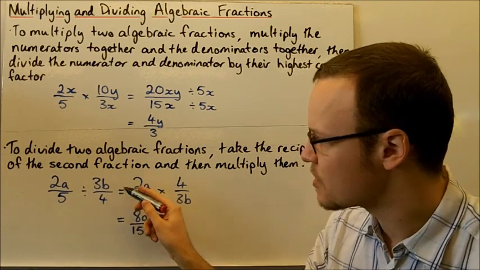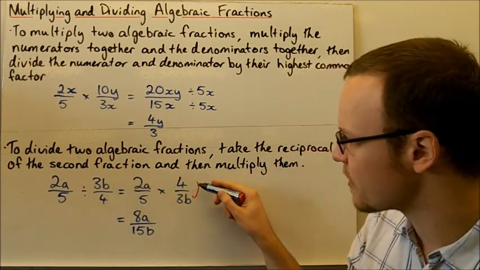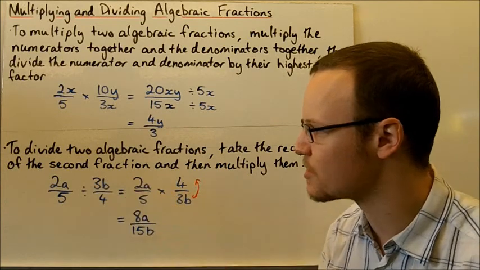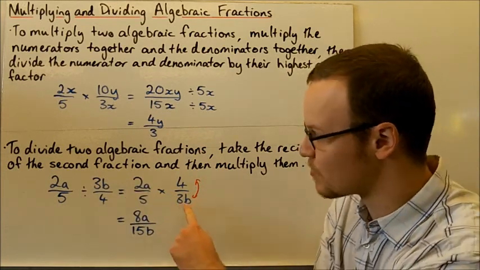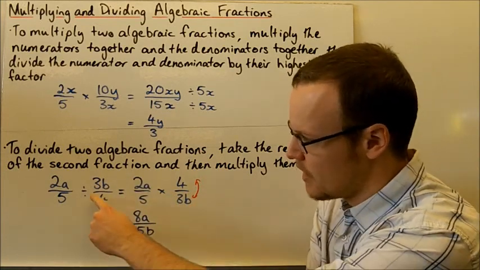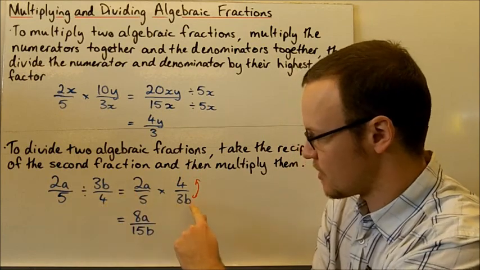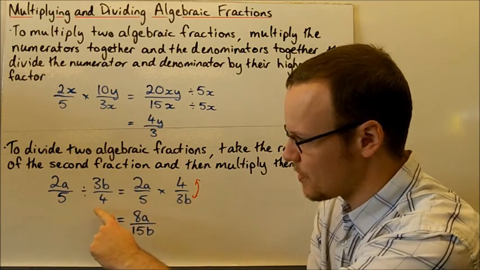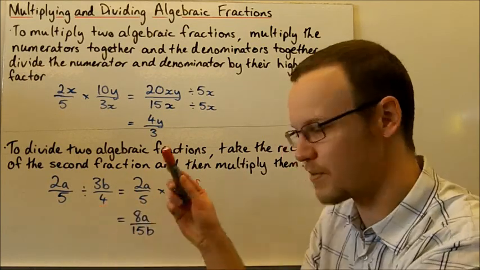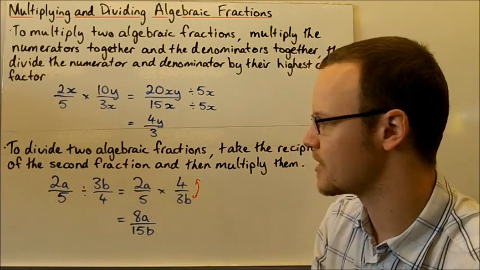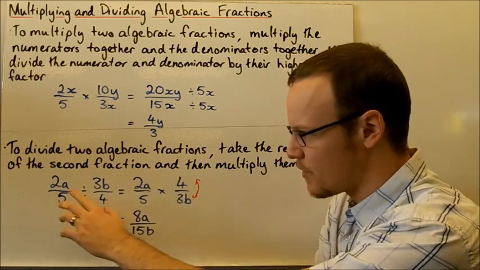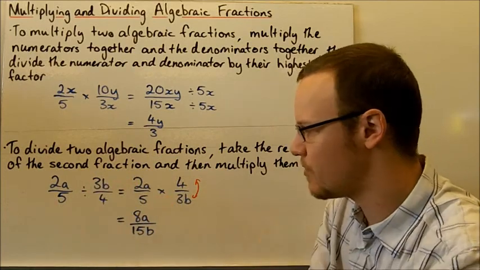See how we have switched the numerator and the denominator. 4 over 3b is the reciprocal of 3b over 4. And notice we've gone from a divide to a multiply.